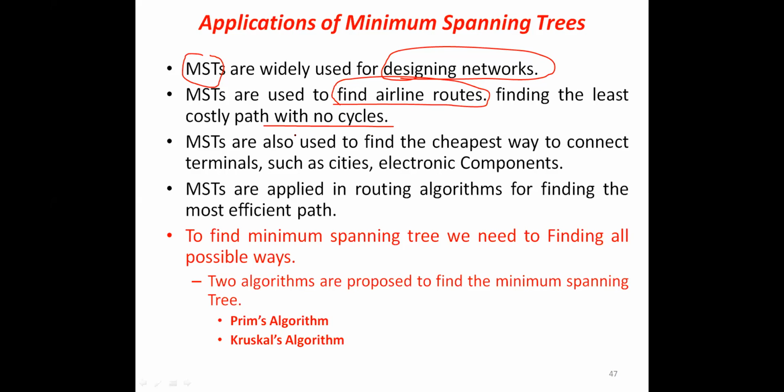If you want to reach the destination, I will find it with the lowest cost. MSTs are also used to find the cheapest way to connect terminals such as cities and electronic components. Take roadways: in which route should I choose to reach that particular location. So in real time, they are using graph data structures.